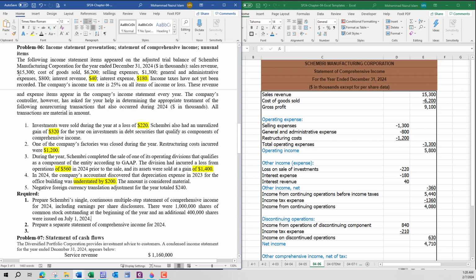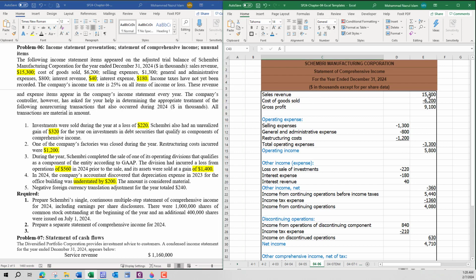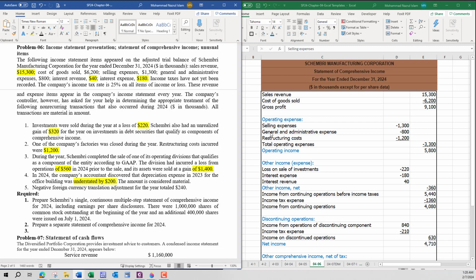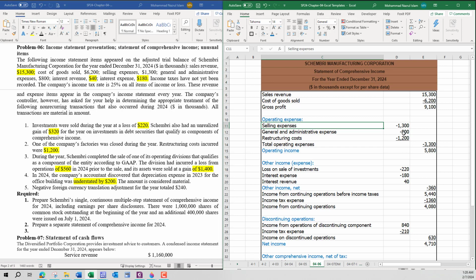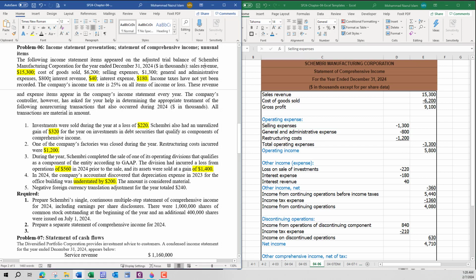We'll start with 15,300, the sales revenue. Sales revenue 15,300 less cost of goods sold equals gross profit. Then operating expenses: selling expense 1,300, general and admin expense 800, and the restructuring cost 1200.